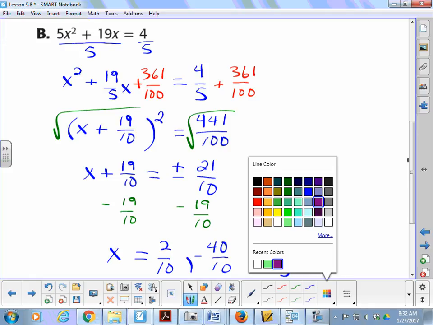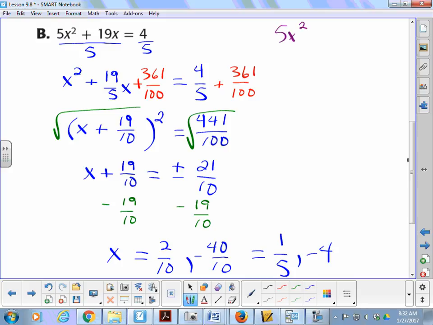But with your calculator, I would do 5x squared plus 19x minus 4, which is what I would actually put in my y equals, because it's got to all be on the same side. So graph it, 5x squared plus 19x minus 4, and then I can check these numbers to see if they work with my calculator to verify it.